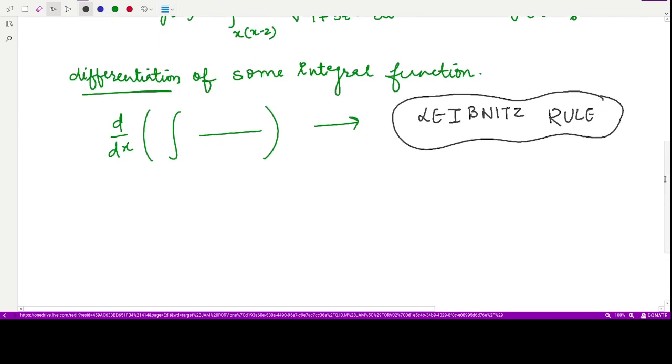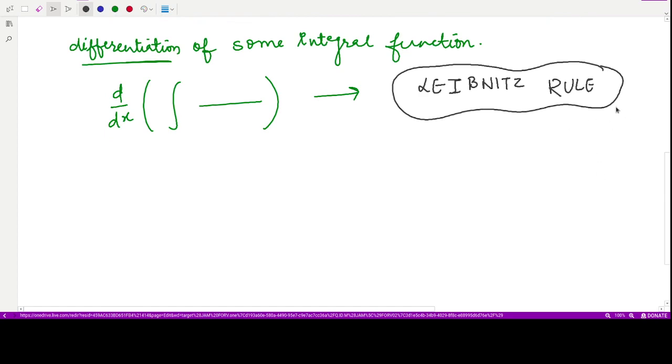Let me write it down first. You should remember this. This is a very nice tool whenever you want to perform the derivative of an integral. You cannot directly calculate the derivative of the integration as you do normally. So for that we have this formula.